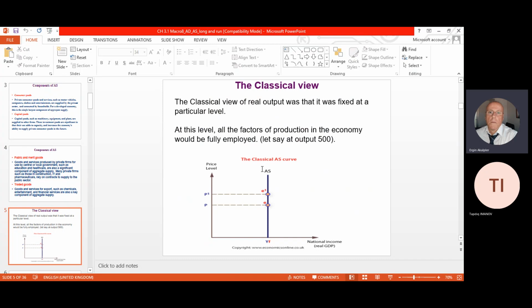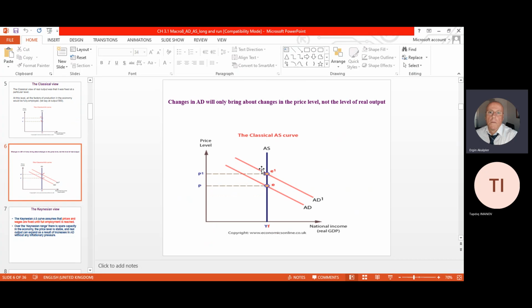Therefore, it is a process, and it is not dependent on the short period of time where it is going to be used. The change in the aggregate demand will only bring about changes in the price level, but not the supply, because supply needs some time. Aggregate demand can be shifted to the upper level as a result of these price changes, but the supply is not changing. It stays intact.